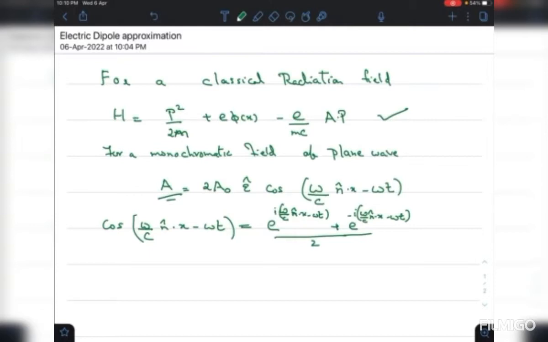Again this A, the cos term, can be written in terms of exponentials: e raised to i(omega by c n dot x minus omega t) plus e raised to minus i(omega by c n dot x minus omega t), divided by 2. We were talking about the absorption case, that is e raised to minus i omega t. So what is the coefficient of e raised to minus i omega t?